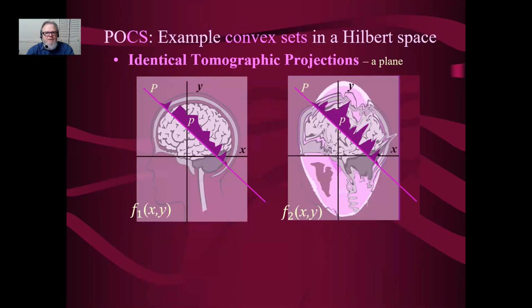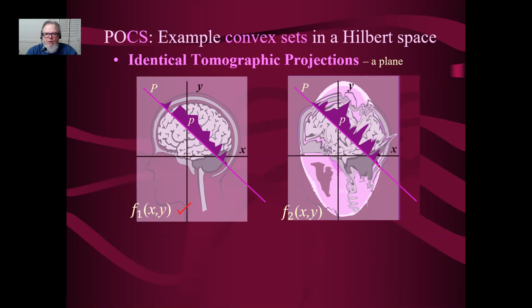So here is the same example that I gave before. Here is f1 of x, this is the image of the brain, and here's f sub 2 of x, which is a guy with a pretty bad brain disease, I guess. We take the area over this predefined path P, and we take the area under this one.